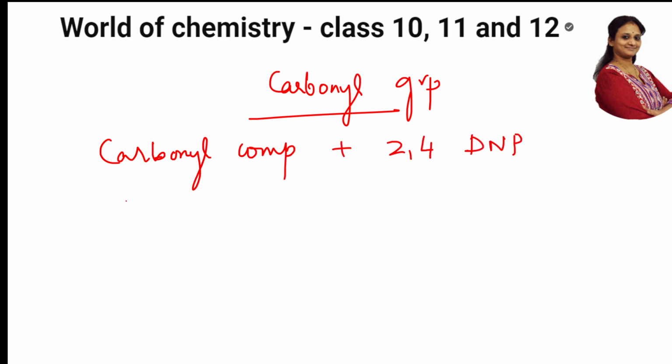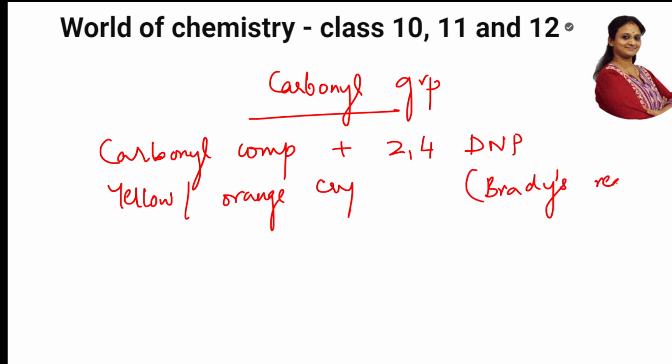The carbonyl compound gives a yellow or orange crystal when I add 2,4-DNP. The other name given for 2,4-DNP is Brady's reagent. Correct? This Brady's reagent, they may ask you in MCQ.